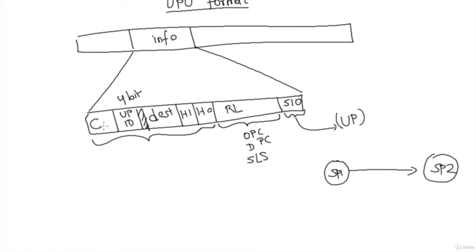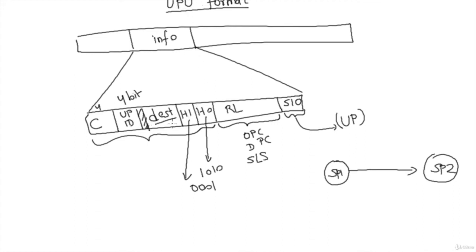Then the cause of this failure, which is also 4-bit. What is the reason for failing? The destination is the point code of the failed user part, the point code which is having the failed user part. And H0 is fixed to 1010, and H1 is 0001. Based on these two, H0 and H1, it knows that this is a user part unavailable message.